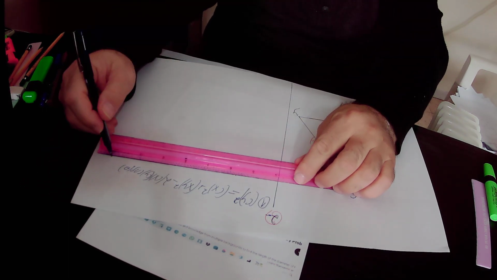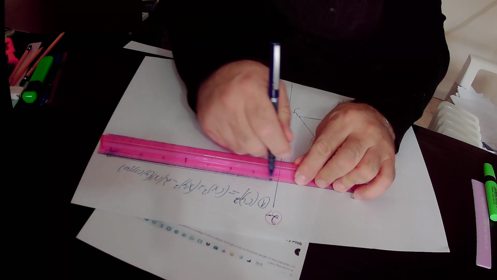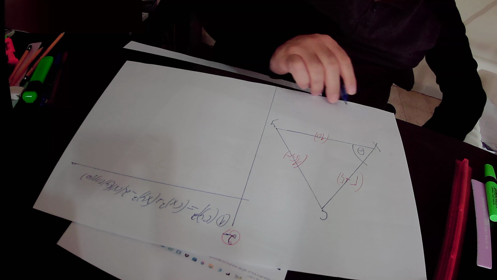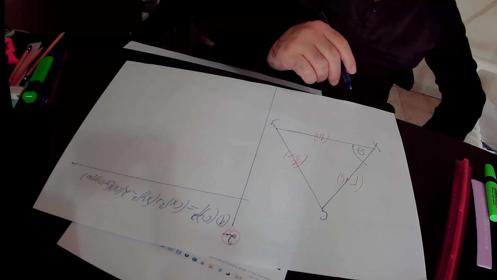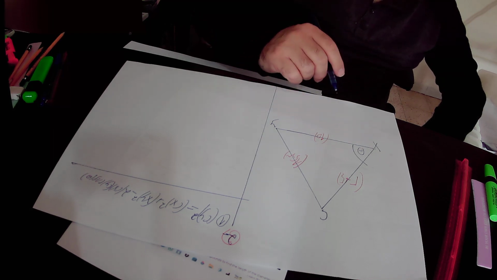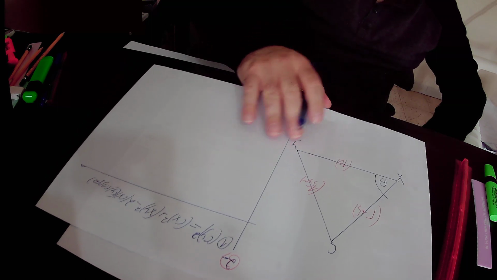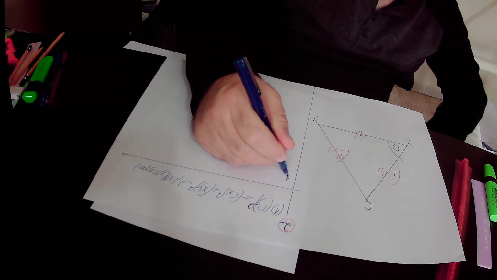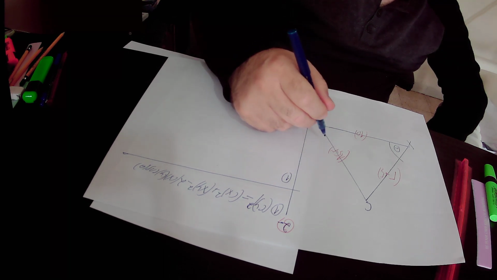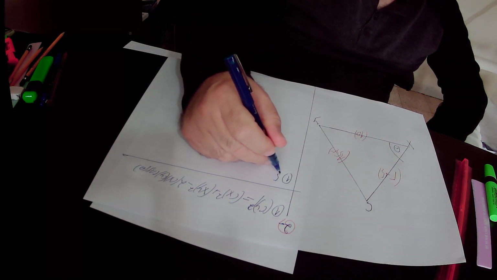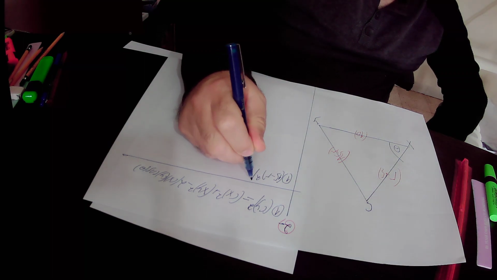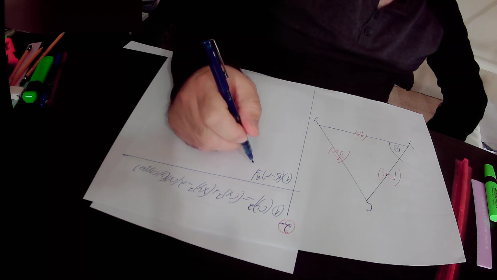In the next step we will substitute CY by 15 minus r, we'll substitute CX by r plus 5, and we'll substitute XY by 10. According to equation number 1, CY is 15 minus r, so CY squared will be equal to 15 minus r squared, and it is equal to CX squared.